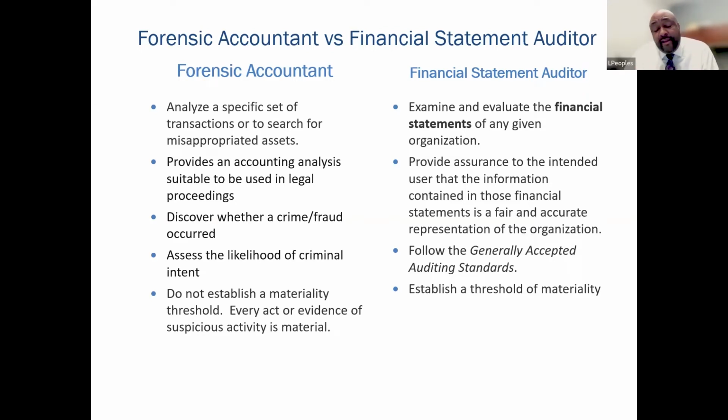On the other hand, auditors' results end up in an opinion letter that's attached to the financial statements of the organization. And while they are completely helpful in ensuring that the financial statements are fairly presented, they rarely go beyond that purpose. Again, forensic accountants' reports can go to a variety of different spots and purposes, which we will discuss as we go down the line in this presentation.